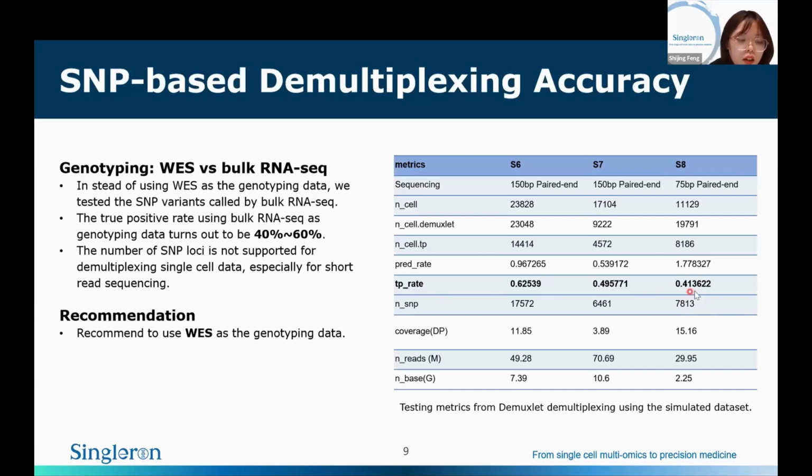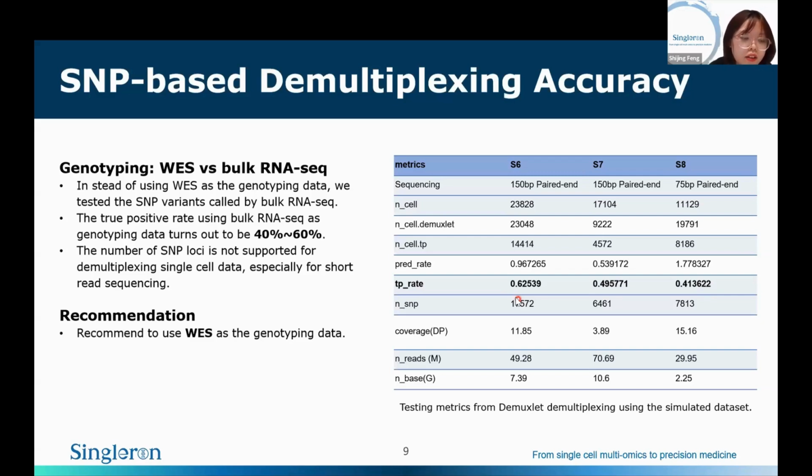The sample with more variants, this S6 sample, has higher demultiplexing accuracy, which means the number of SNPs is very important for demultiplexing, and bulk RNA-seq is not sufficient to provide enough information for us to demultiplex the single cells.